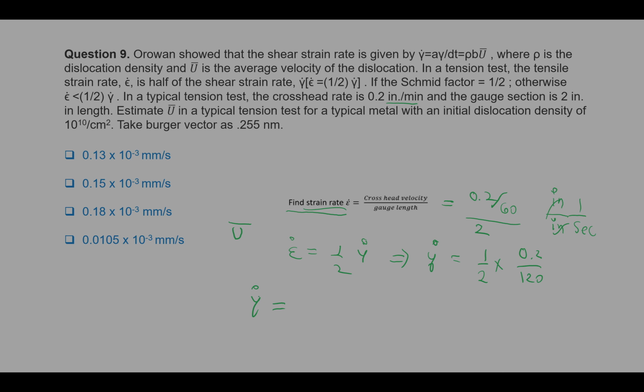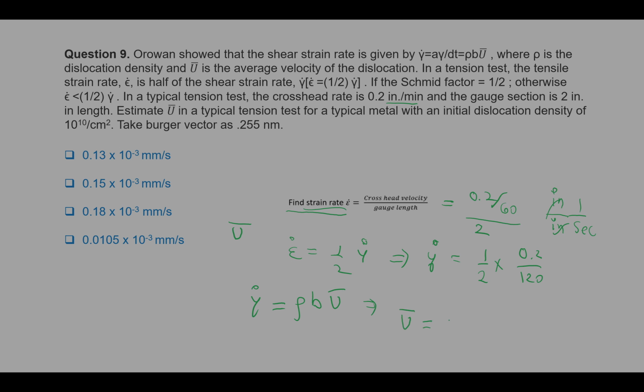And in the last, they have given this equation, that is the shear strain rate is equal to rho, the dislocation density, b, that is Burgers vector, and u bar, which we have to find out. So how can we find u bar?